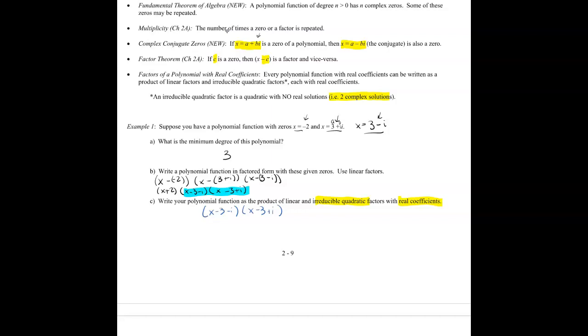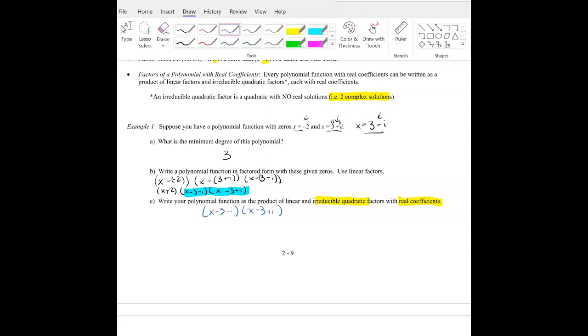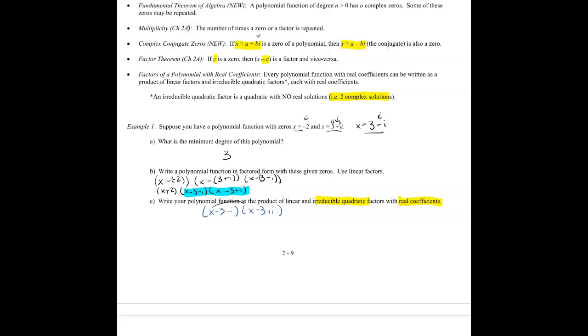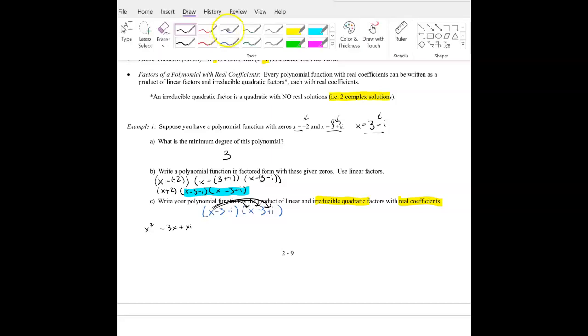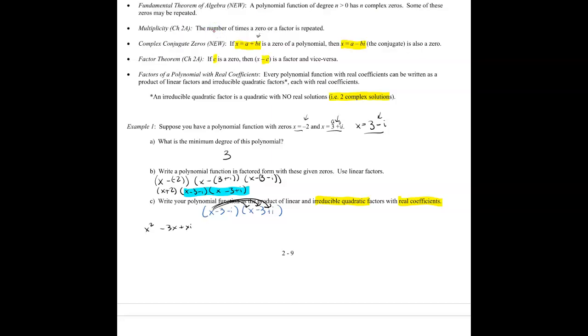Then I am going to get x times x, which gives me x squared. I'm going to get x times -3, which gives me -3x. Then x times i, which gives me just xi. Then I go to -3 times x, which gives me -3x. I get -3 times -3, which is +9.